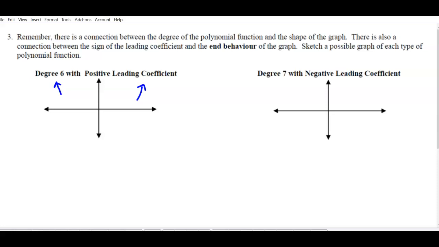And then if it's degree 6, you got to have 6 sides. Whether it goes through all of the x-axis 6 times, or it's like 1, 2, 3, 4, 5, 6, right? Because it could be a translation. And we'll get more into translations later. It's got to have those 6 sides.